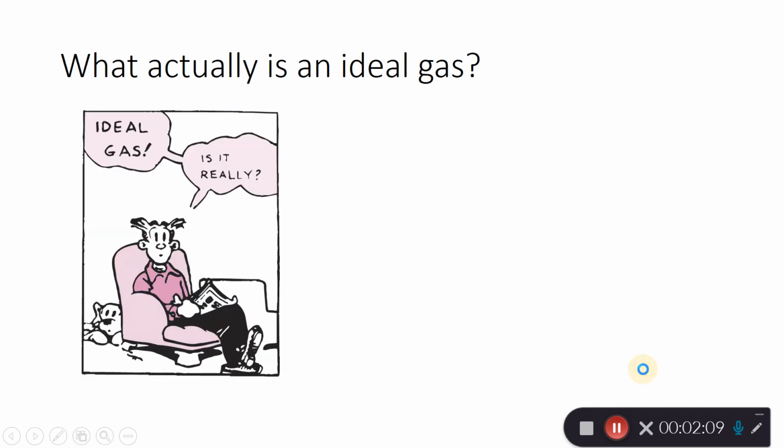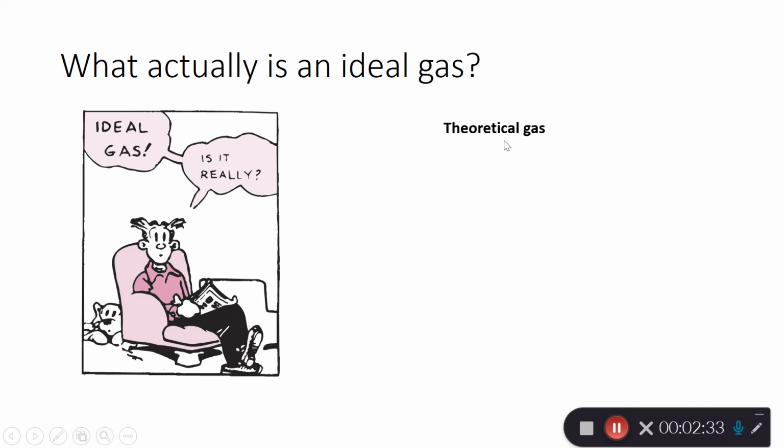All right. Before we proceed any further, it's important to understand what actually is an ideal gas. It's actually a theoretical gas, a theoretical concept. As you know, all gases are real. Any gas that exists on this earth is a real gas.